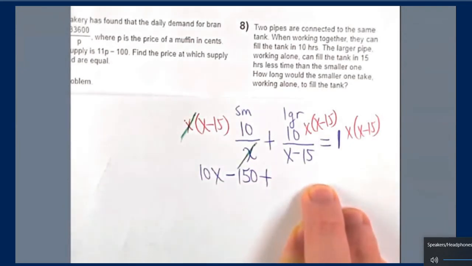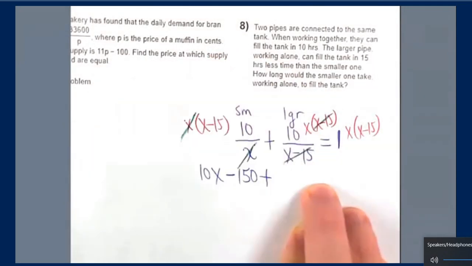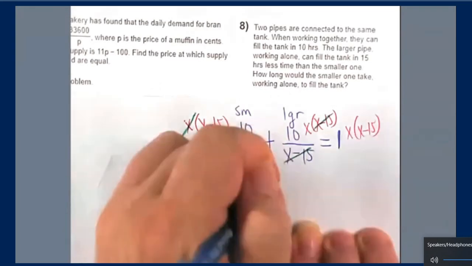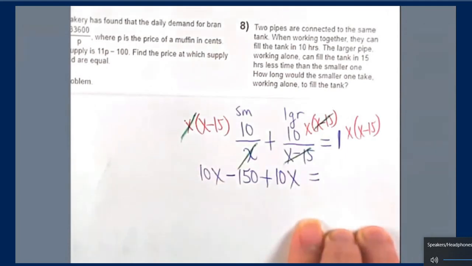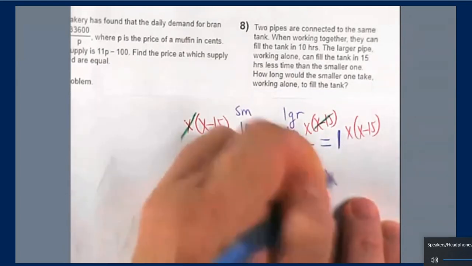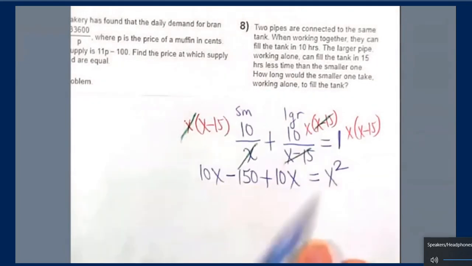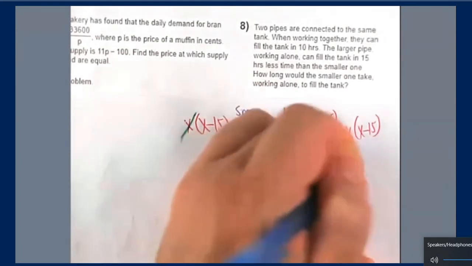With the second fraction, the x minus 15's cancel, leaving us with just 10x. And on the right side, nothing cancels. So distribute that x times x minus 15. So x times x is x squared. And x times negative 15 is negative 15x.